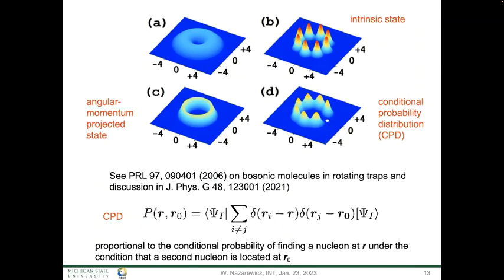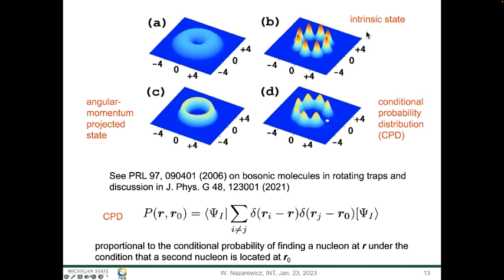This shows you a nice example from a Physical Review Letters paper from 2006. This corresponds to a system of bosons in a cylindrical trap. You have several bosonic atoms in a cylindrical trap, so the trap in principle has cylindrical symmetry and is totally invariant with respect to rotations about the symmetry axis.